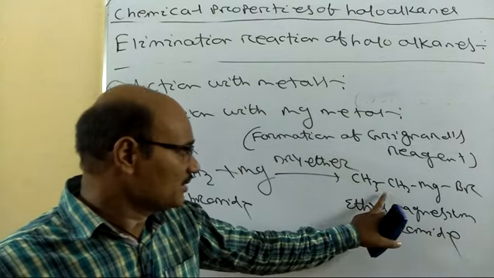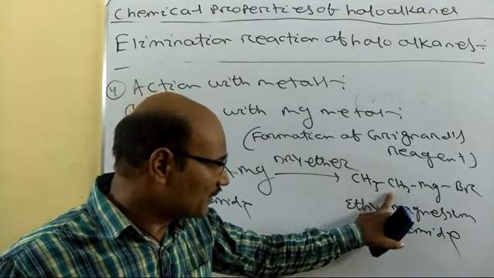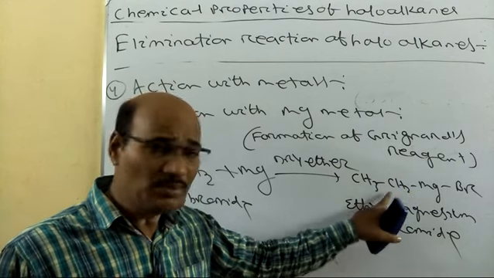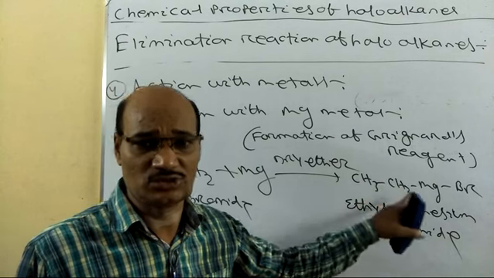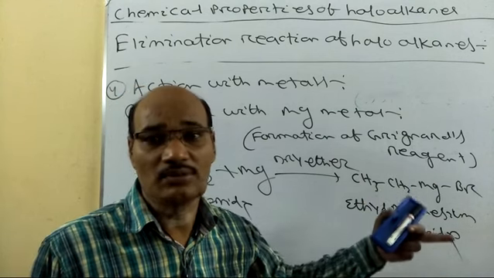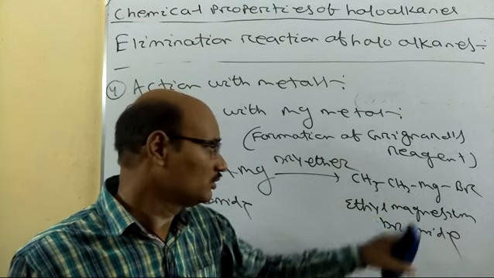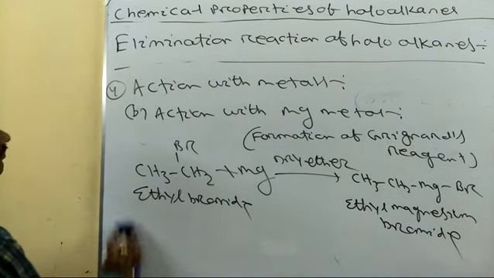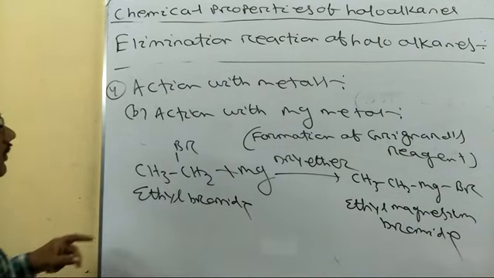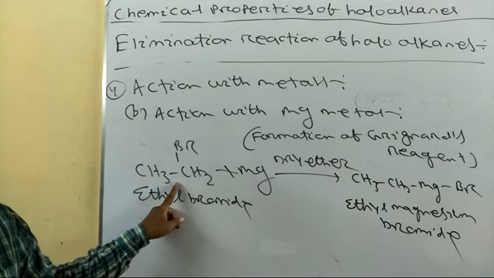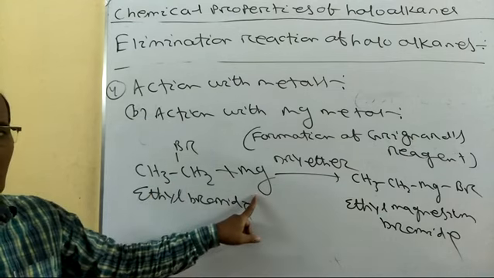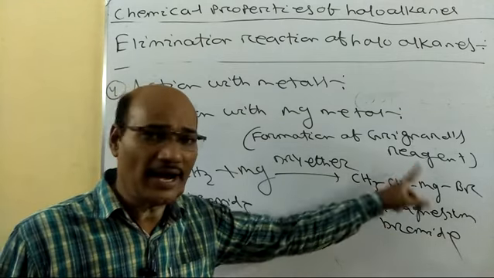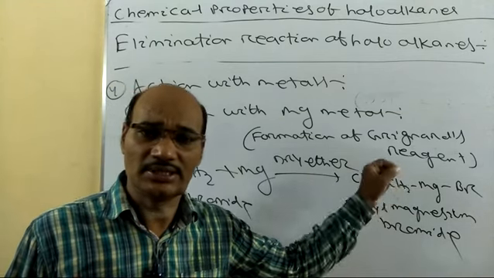So this is called Grignard's reagent, and it has many uses in organic synthesis. We can prepare many types of organic compounds using Grignard's reagent. So a haloalkane reacted with magnesium metal in the presence of dry ether gives alkyl magnesium halide, known as Grignard's reagent.